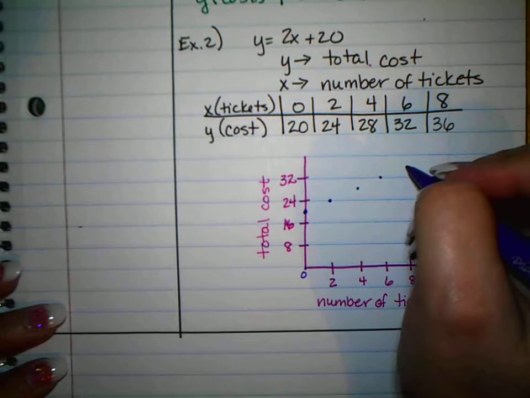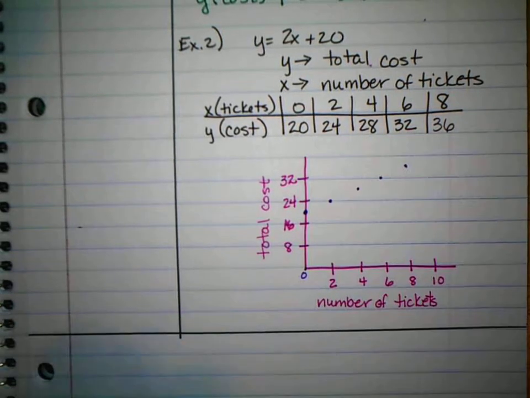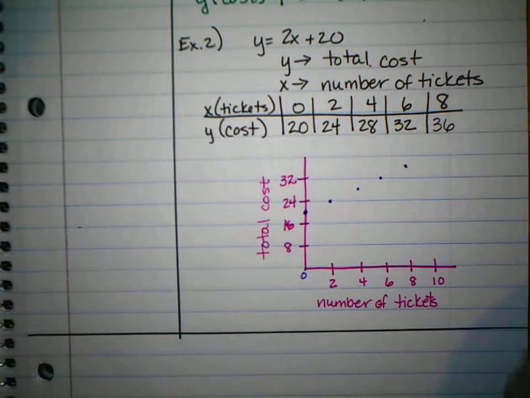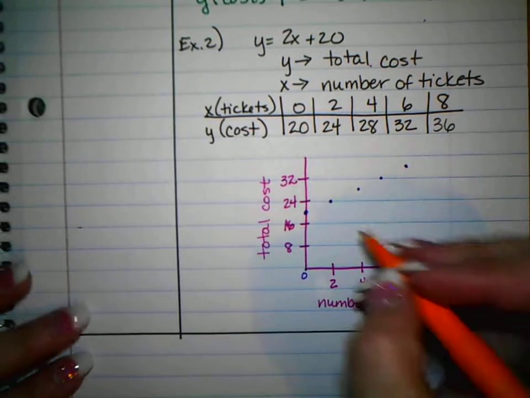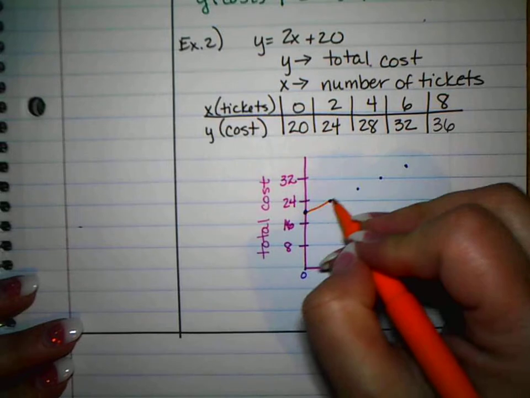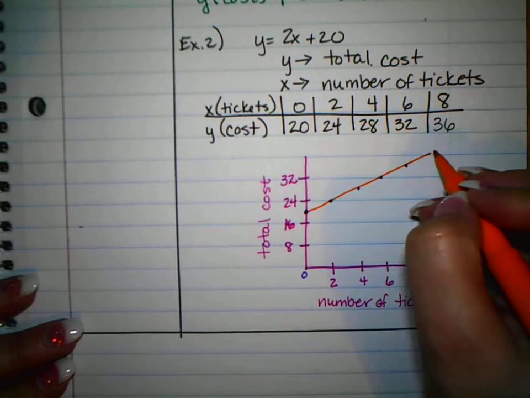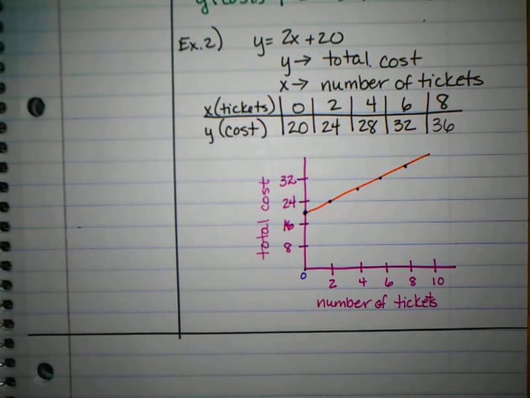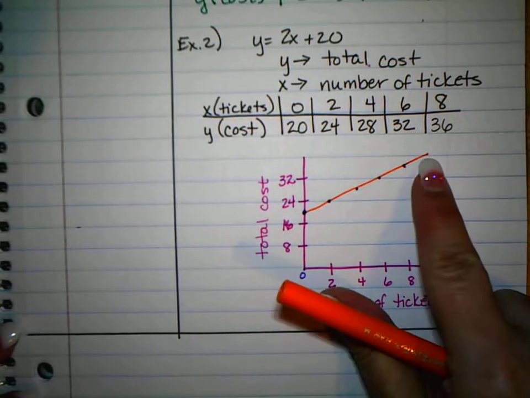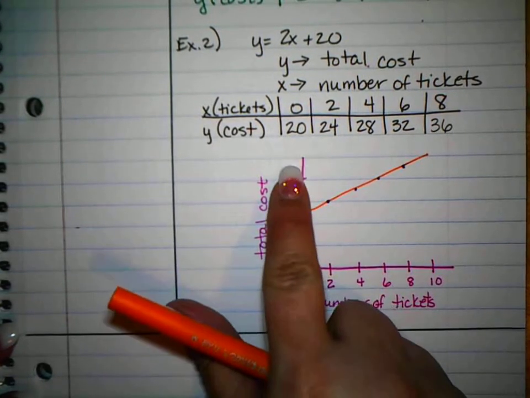And 8 tickets is 36. And if I were to look at that, it looks like they're in a line, so I'm presupposing that I could draw a line through those, and I could do some predictions later, such as 10 tickets is going to cost me $40.